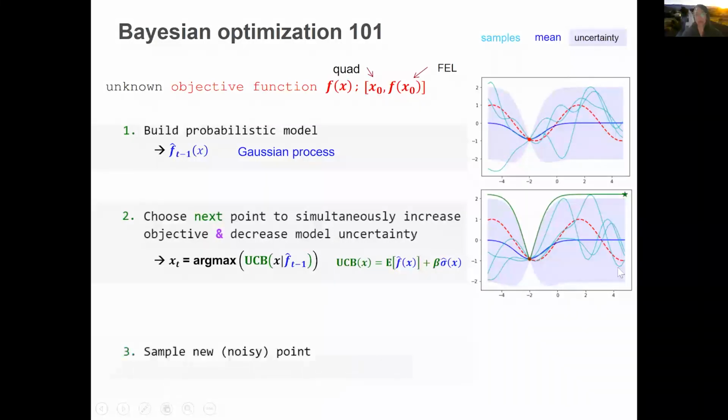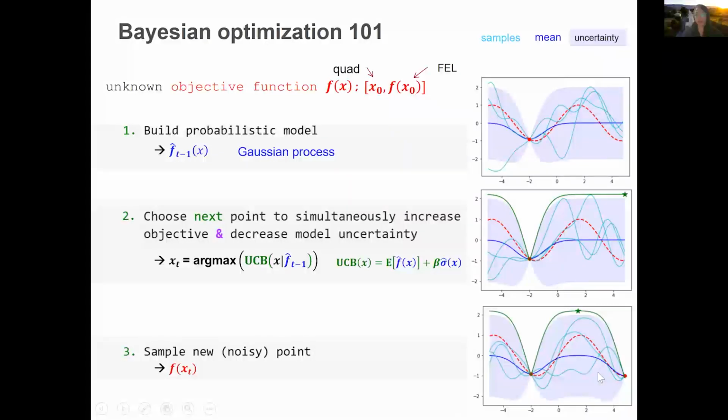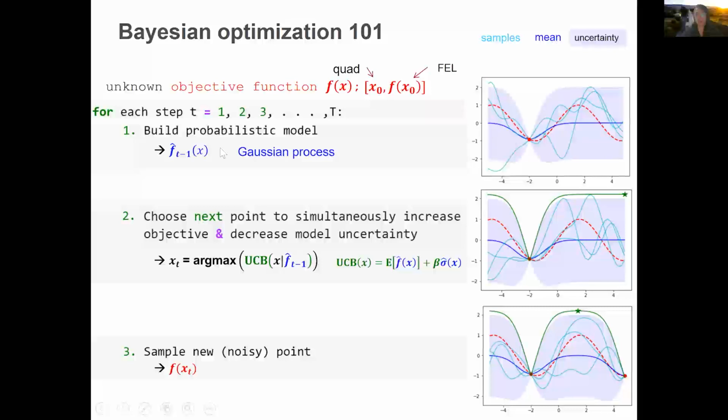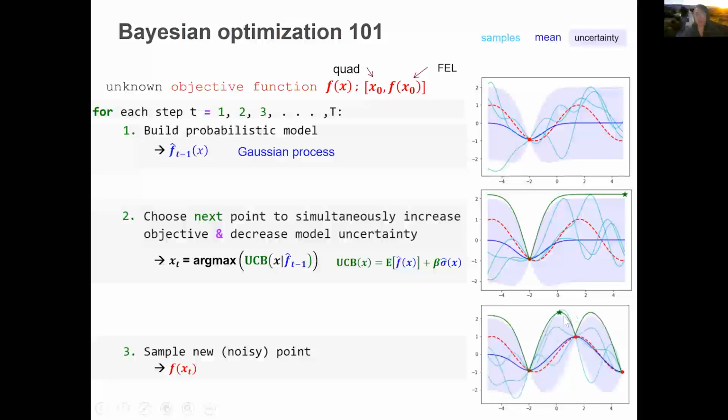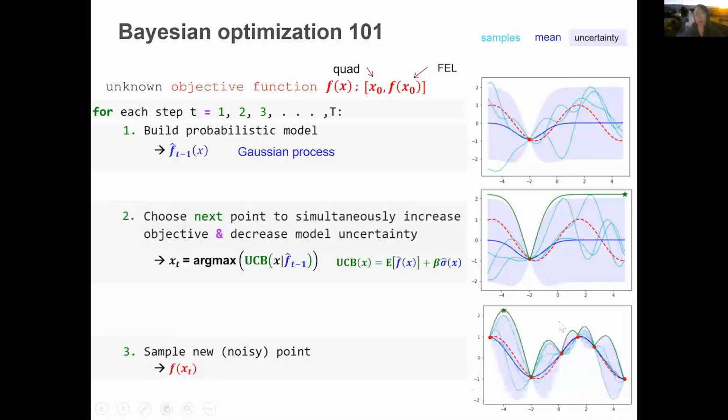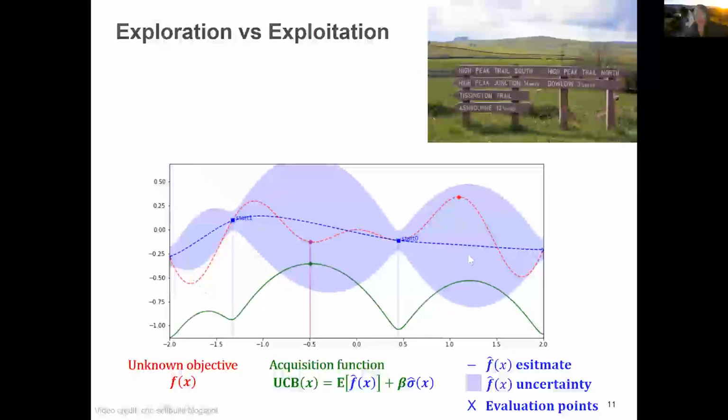So we measure it. Here we sample it and we update our model, and then we do it iteratively for the steps, and this should be the next point to sample, and this would be the next point, etc. So in a continuous way, it would look like this.